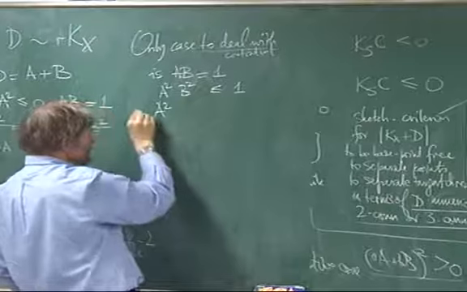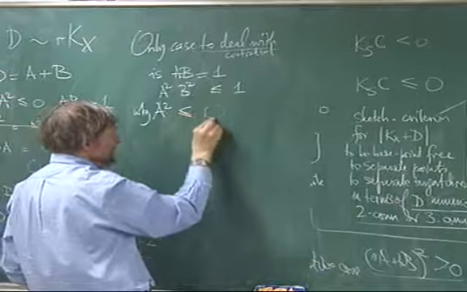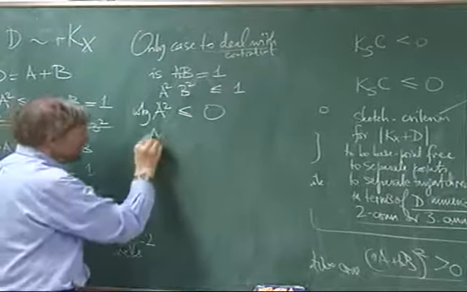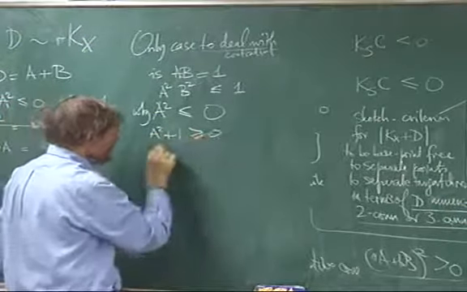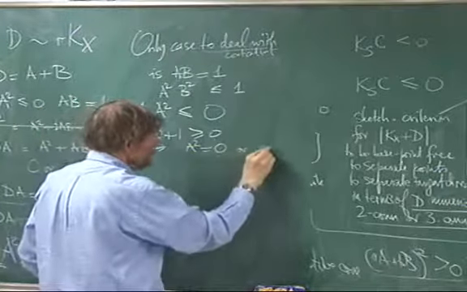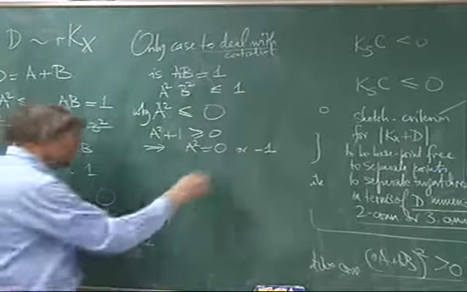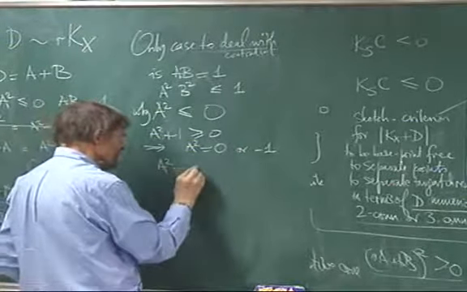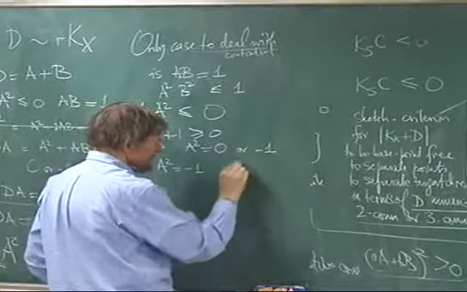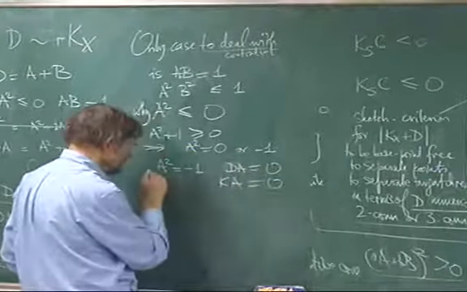Without loss of generality, possibly exchanging a squared and b squared, a squared is less than or equal to 0. But then a squared plus 1 greater than or equal to 0 implies that a squared equals 0 or minus 1. So if a squared is minus 1, then d times a is 0, and this means that K times A is 0. And this is a contradiction.